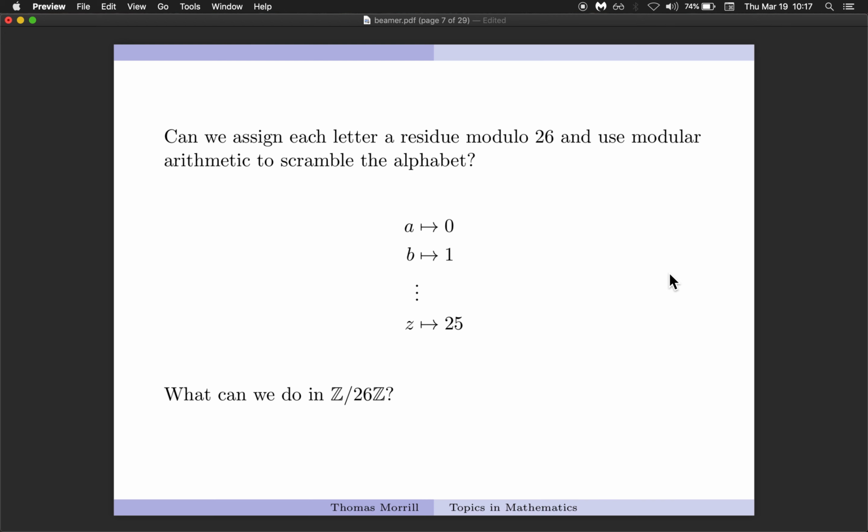So I'm going to make an assignment and say that the letter A is the 0th letter of the alphabet, the letter B is the first letter of the alphabet, and so on, up to Z, which is then the 25th letter of the alphabet. If you prefer, you can really have A, B1, B2, and so on. I'm sticking with how it's laid out in the total notes, so you can follow along with that.